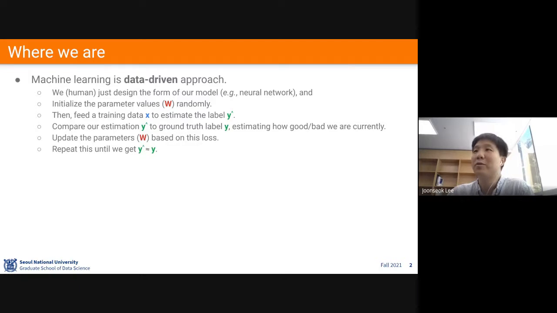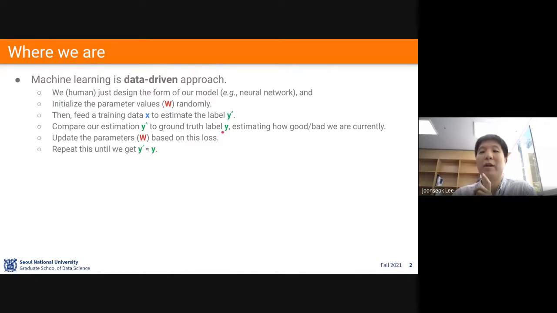Machine learning is a data-driven approach. We, humans, just design the form of our model, and we initialize the parameter values randomly at the beginning. Then we feed the training data, which is pairs of x and the ground truth label, y.